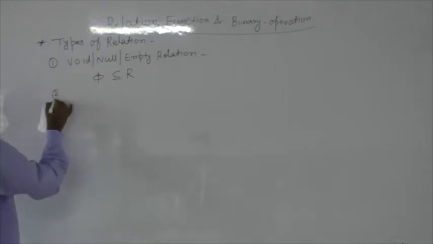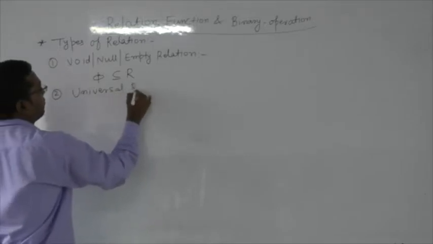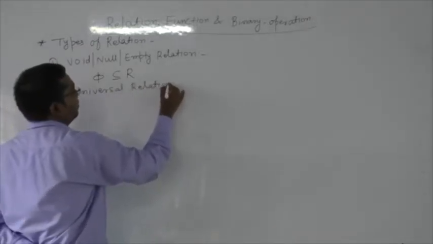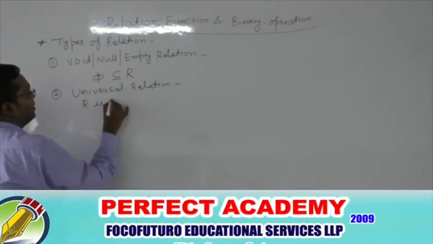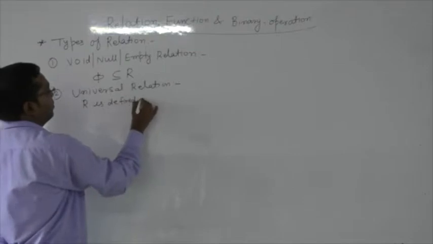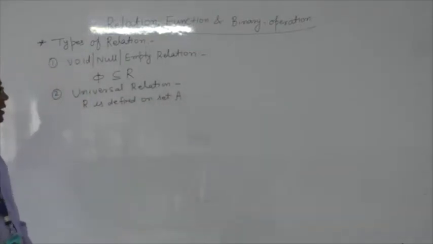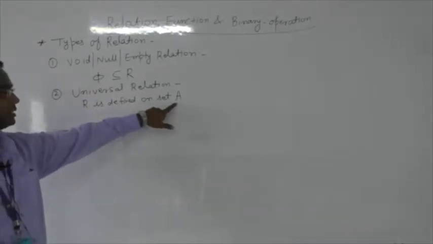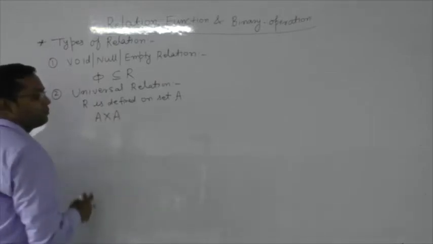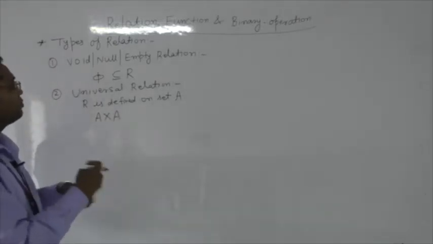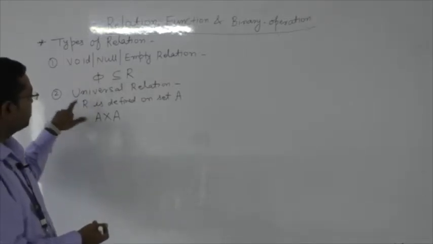The second is universal relation. Suppose we have a set A, and a relation R is defined on this set A. Then if you calculate A cross A, it will contain all the possible elements which can belong to a relation.